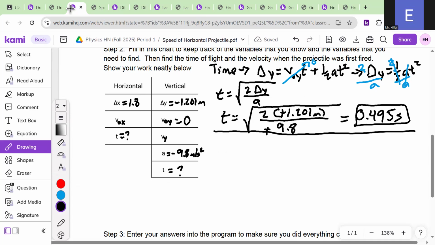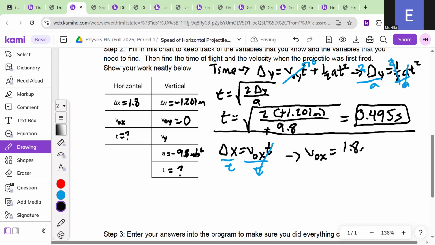Now, using that information, you've got to find V naught x. If we know that delta x is equal to V naught x times t, all I have to do is divide by t, and I have V naught x. So V naught x is my delta x, remember, the ball lands 1.8 meters away, and the time it takes to land is 0.495 seconds.